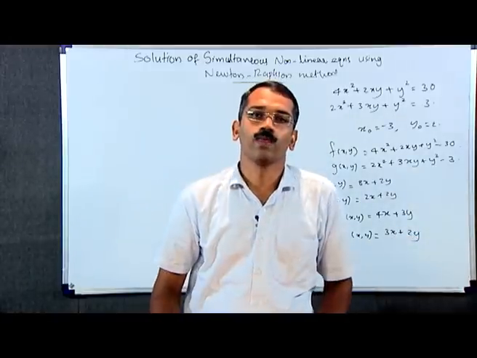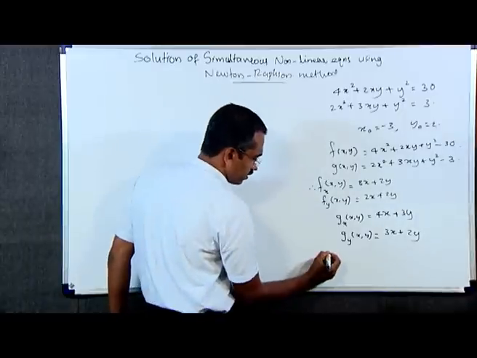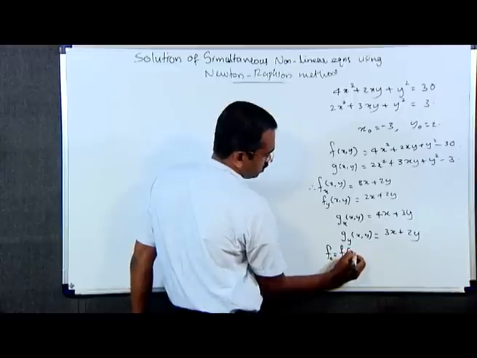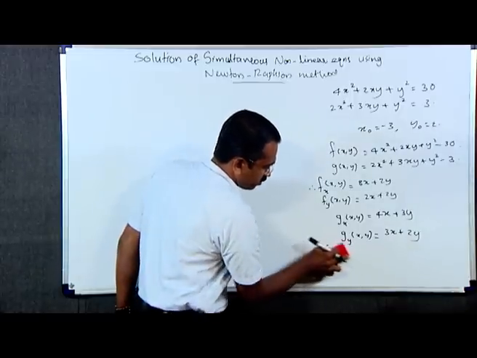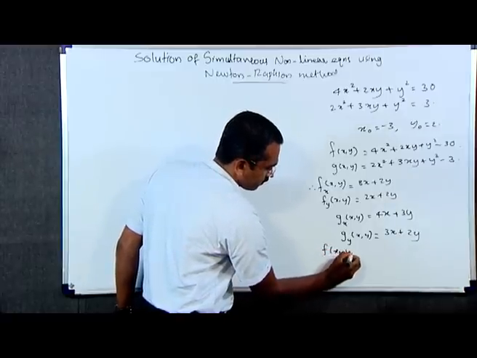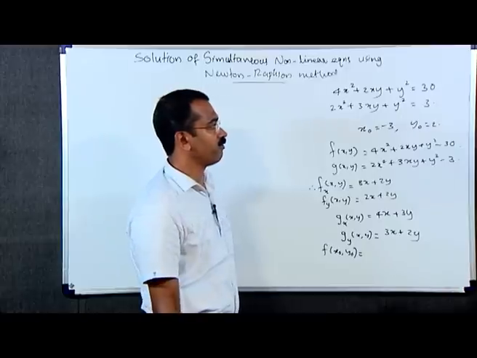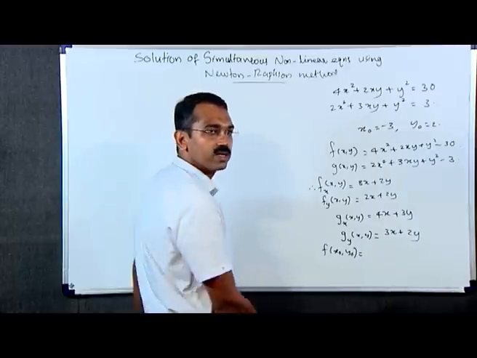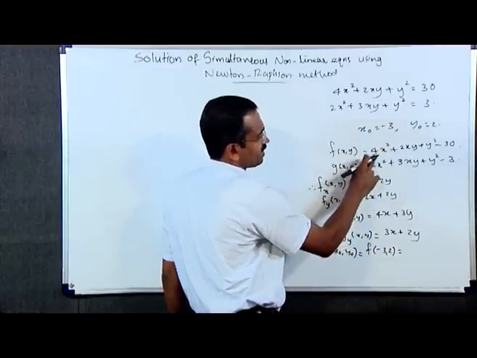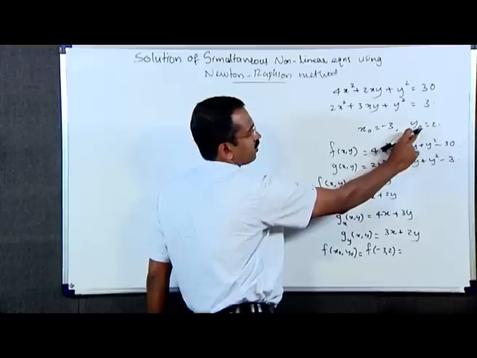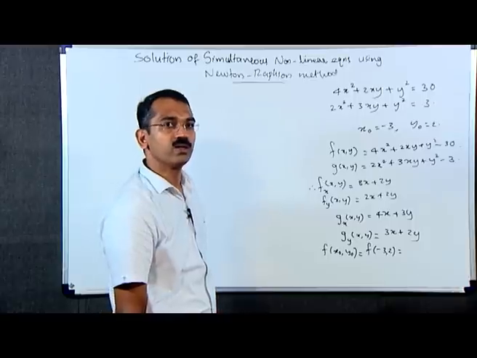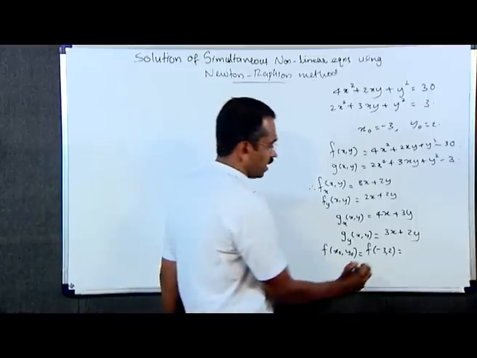Now, f naught, that is f of x naught y naught, is f of minus 3 comma 2. Putting x equal to minus 3 and y equal to 2 in this expression, we obtain f of minus 3 comma 2 as minus 2.